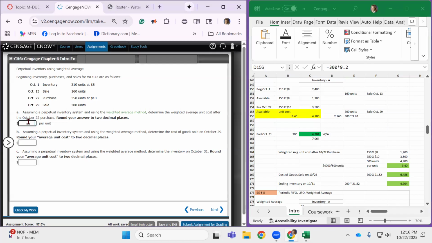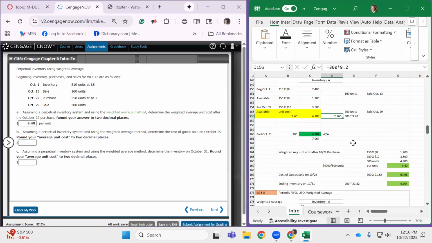All right. The first question is, what is the average cost after the 10/22 purchase? Okay, it's $9.40. $9.40 is how much that is. Okay, assuming a perpetual inventory system and using the weighted average, determine the cost of goods sold on October 29th.